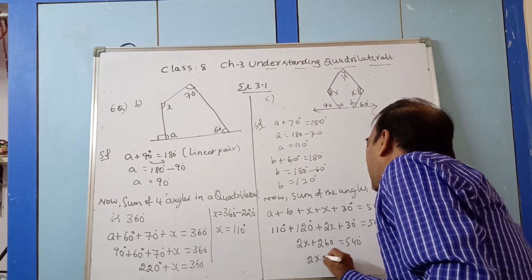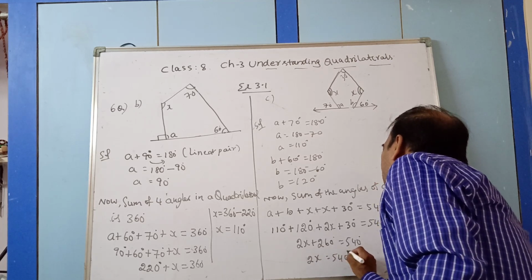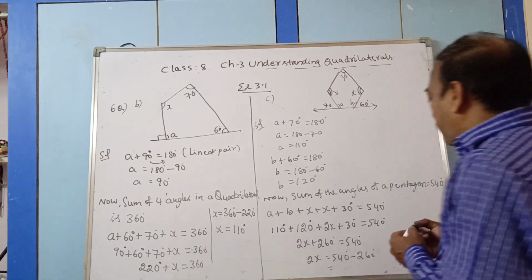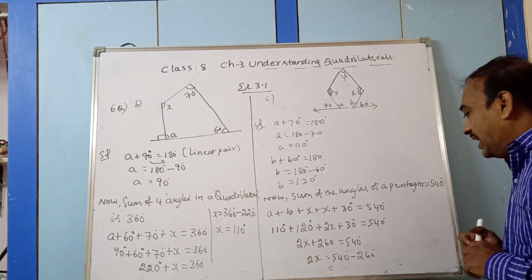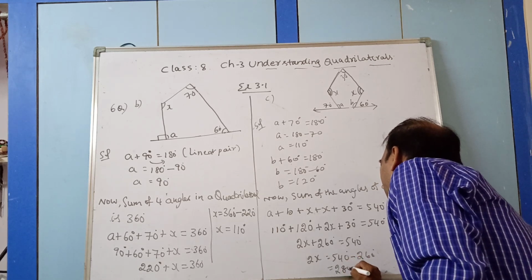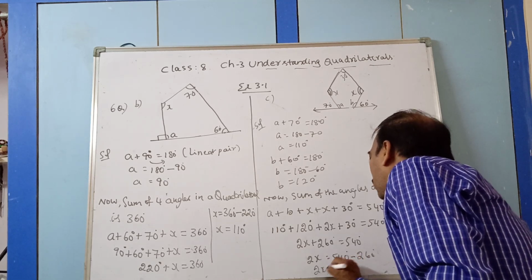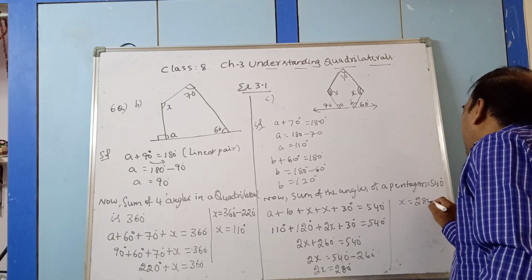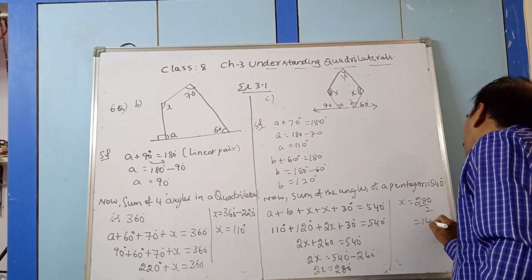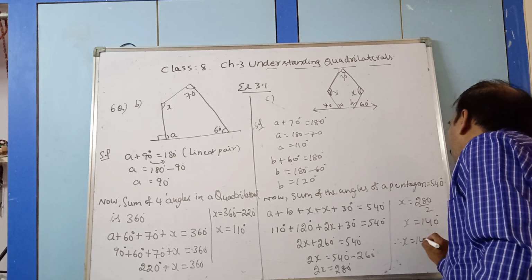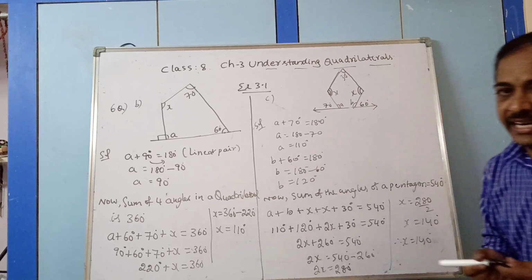Transposing 260 to this side, 540 degrees minus 260 is 280 degrees. So 2x is equal to 280, then x is equal to 280 by 2, which is 140 degrees. Therefore x is equal to 140 degrees.